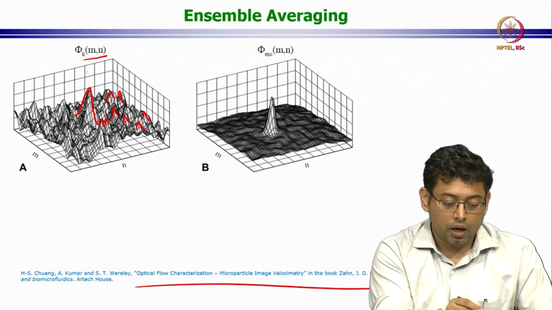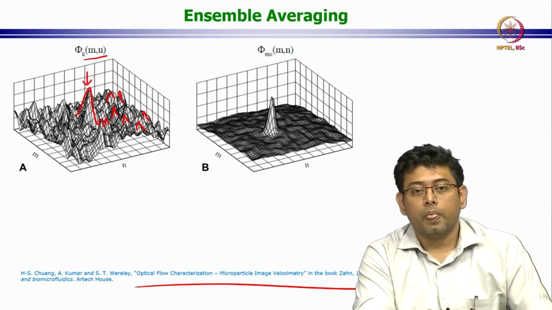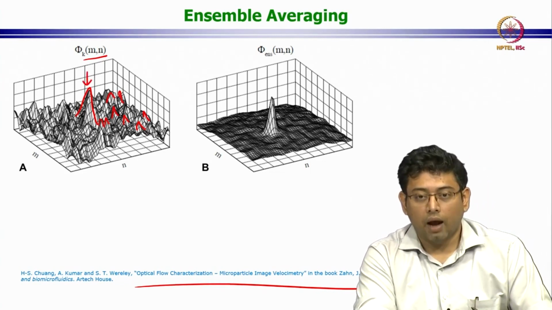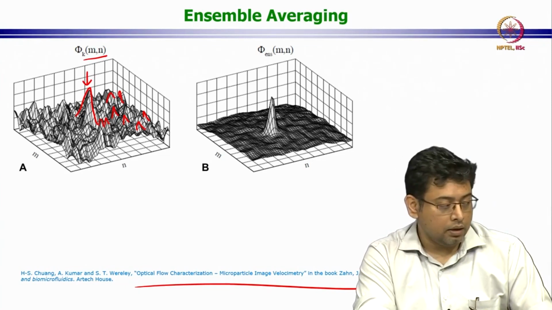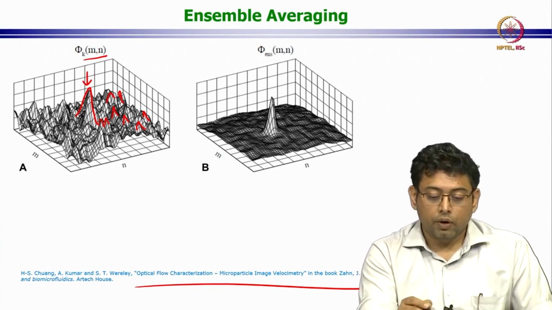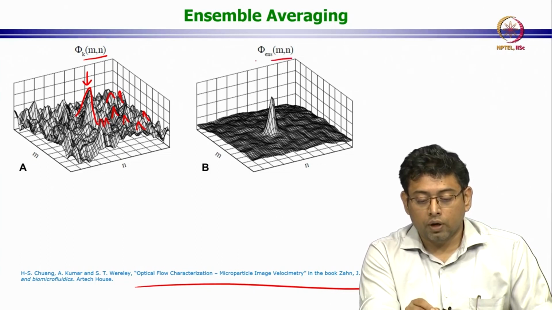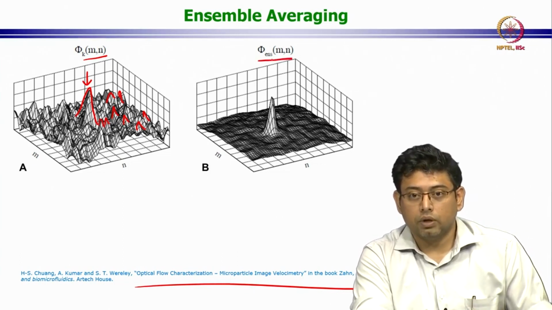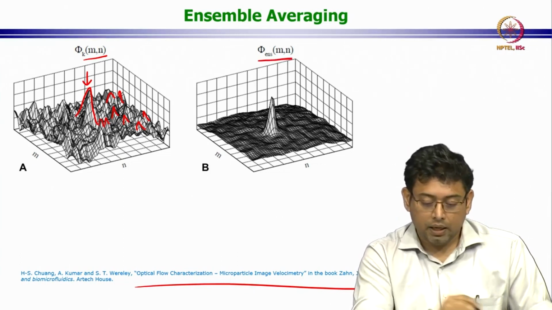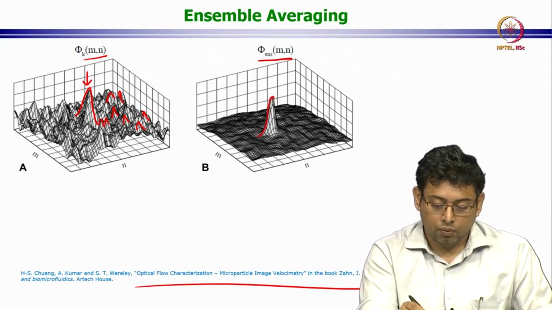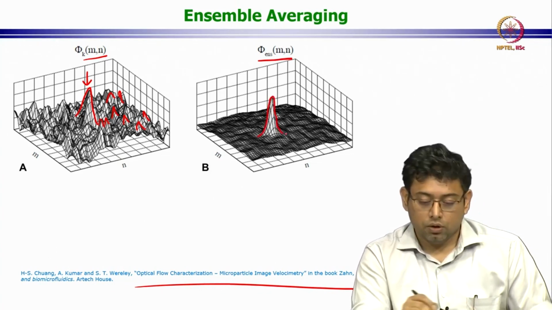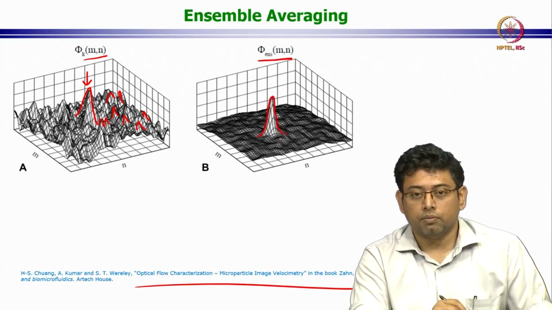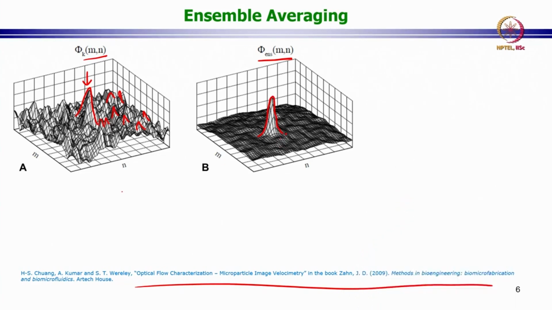This is the correct one. So you want to evaluate this, but the noise levels are high, which can happen in a noisy system. But then when you average over a number of different images to get one correlation peak, you actually get a very smooth and nice correlation peak. So here the signal to noise ratio is much better.